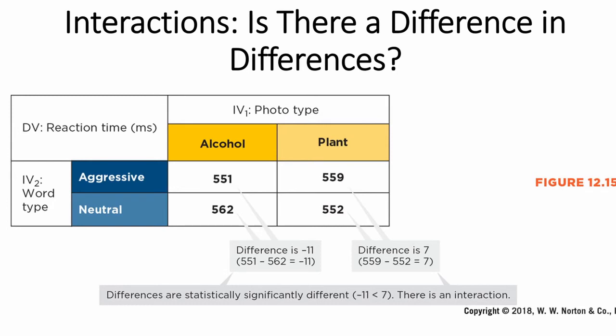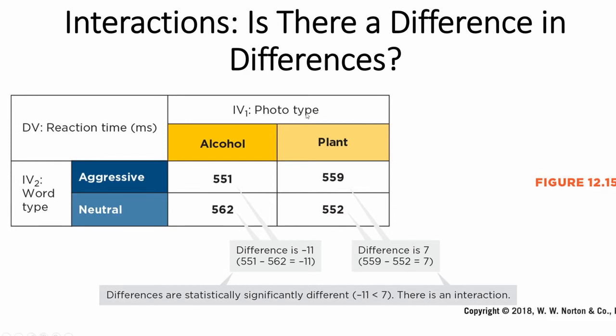But when we're looking at the interactions, we're looking at the interaction between two independent variables. So if you have two independent variables, then you get one interaction effect to look for. And so this is where we're actually asking, is there a difference in the differences for this particular interaction?